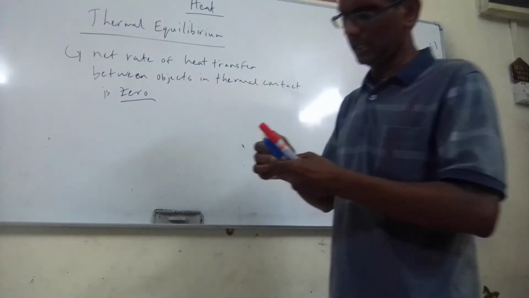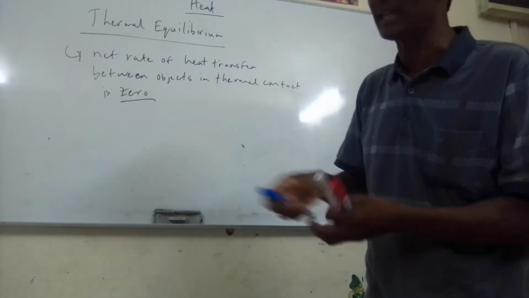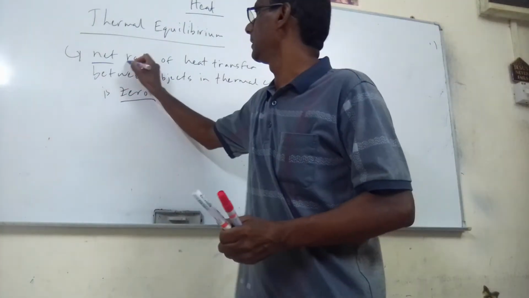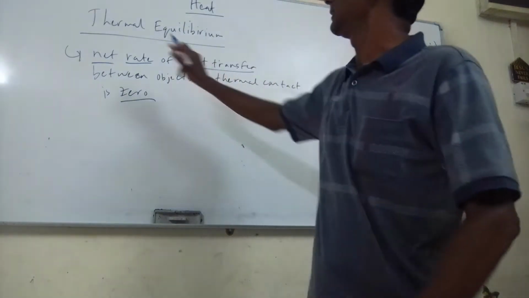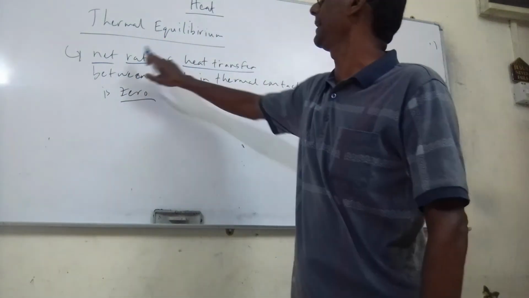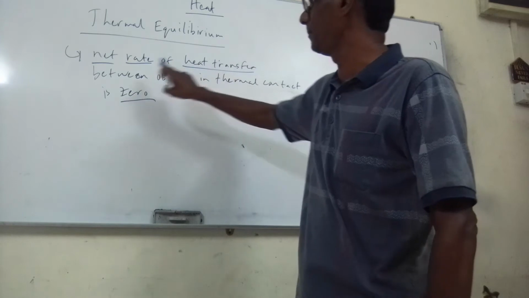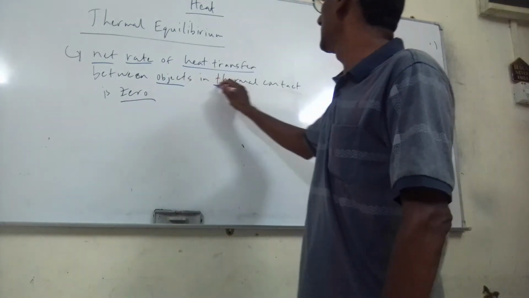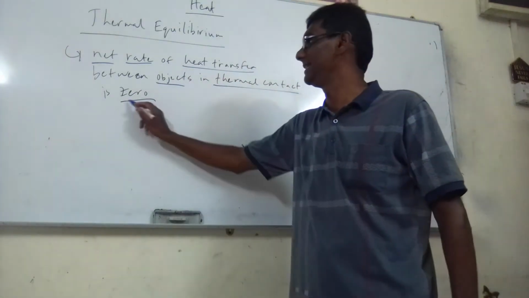The word net must be there. So, net rate of heat transfer between objects in thermal contact is zero.